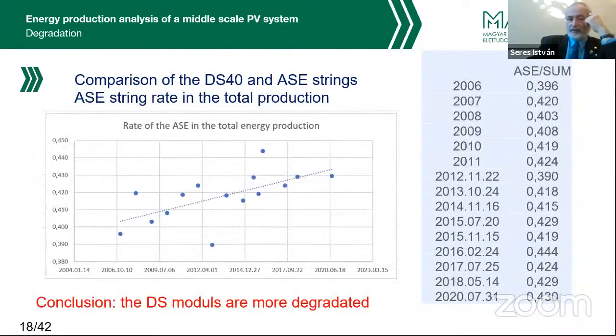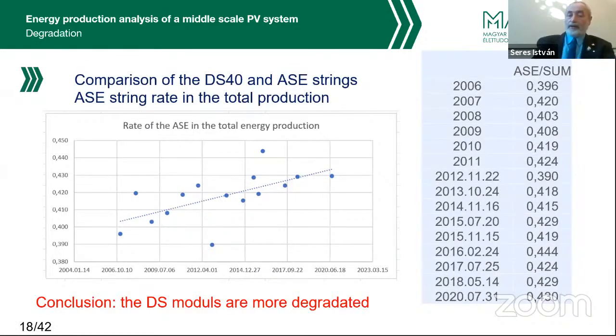I show it in a different slide. In this slide, you can see the share of the polycrystalline technology in the total energy production, and we can see that it is going from about 40% to 43 point something %.